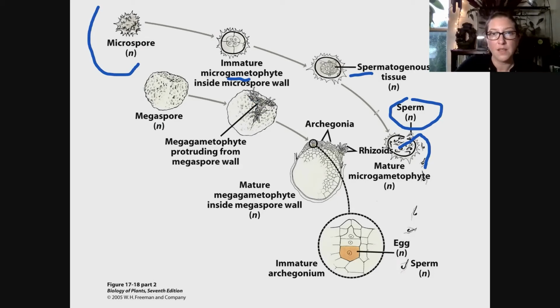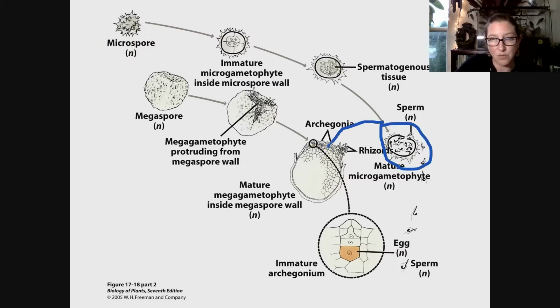That's how the sperm is going to get to the egg in this case. One of these microspores will actually land right onto the female gametophyte that's just poking out a little bit of that megaspore. And so there you go. Here's sperm, and sperm eventually is going to fuse with that egg. Okay.